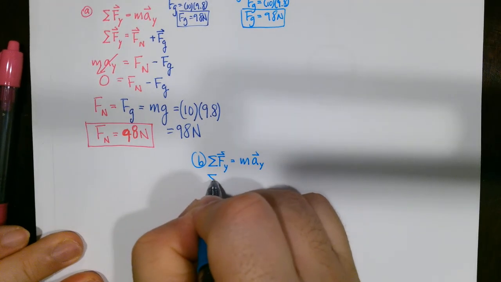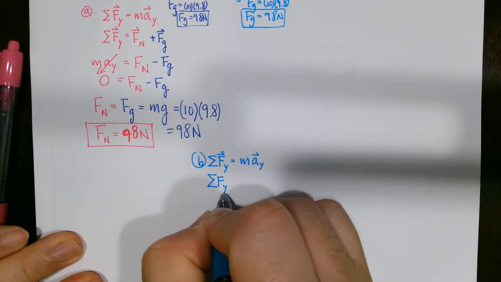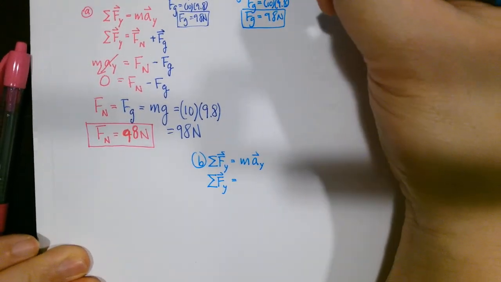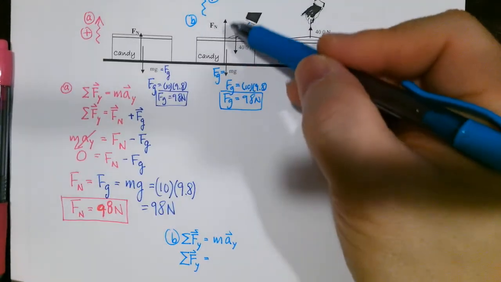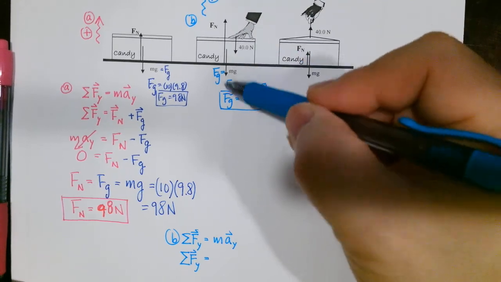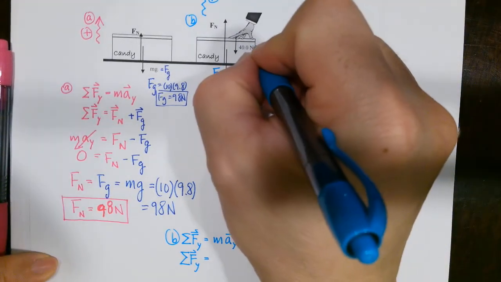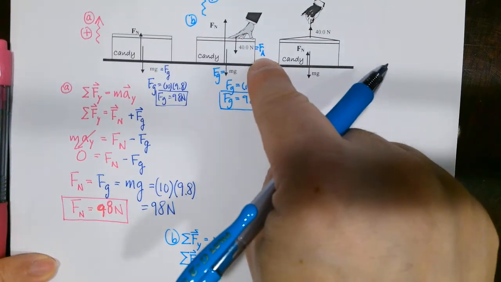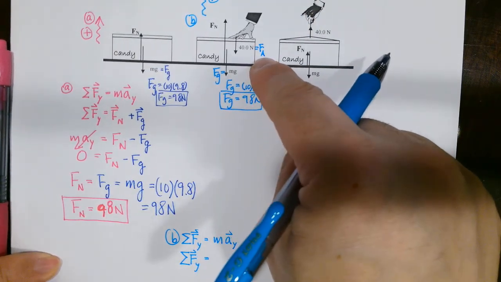And sum of all forces in the y direction is equal to, I have F normal, I have Fg, and I have force applied. I'm just going to call that F sub A, force applied, or force push, right?